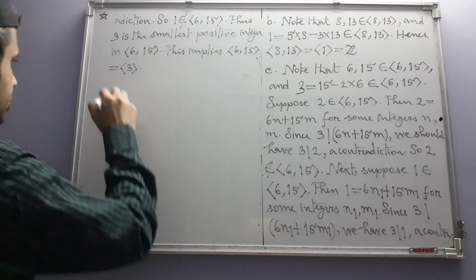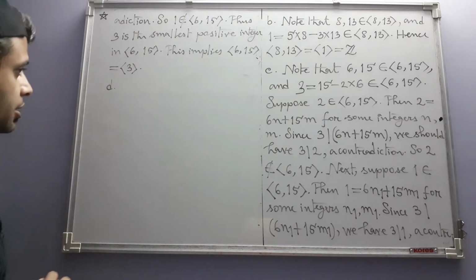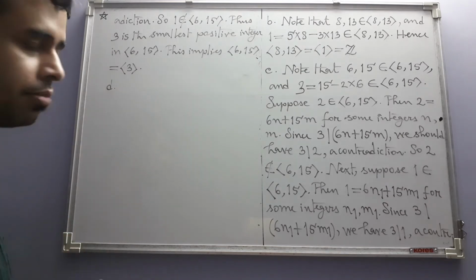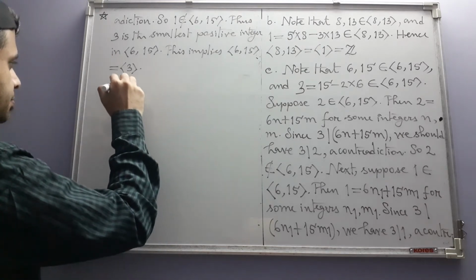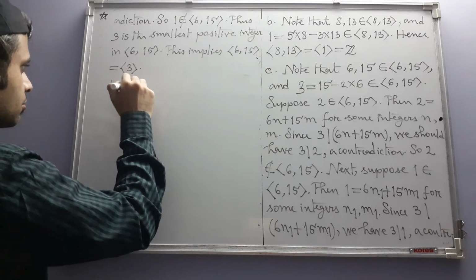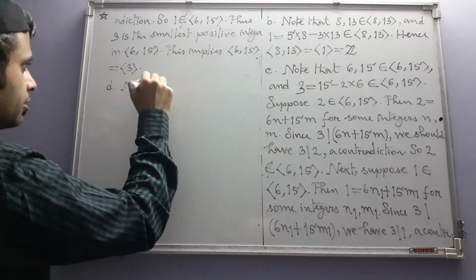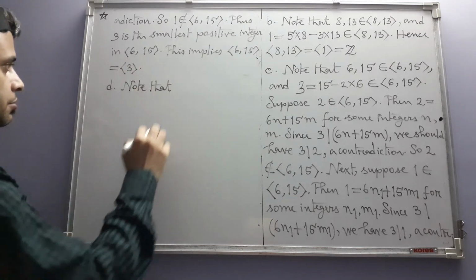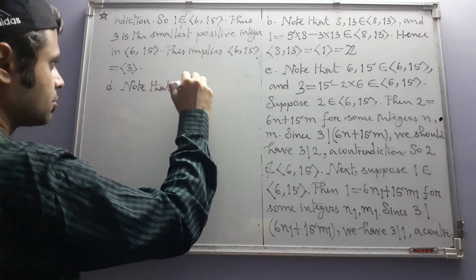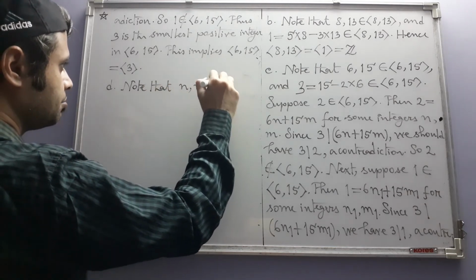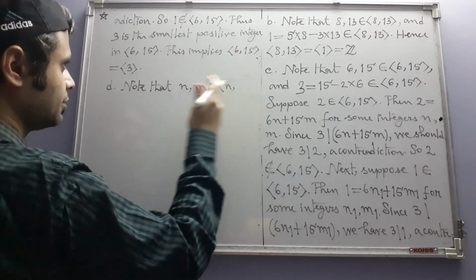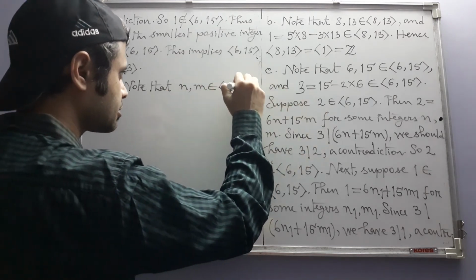Okay, now what happens if we have two arbitrary integers n and m? Note that n and m belong to the subgroup they generate, so if we proceed similarly, let's just see what we get.